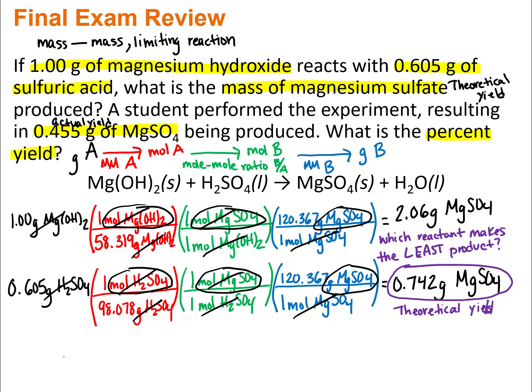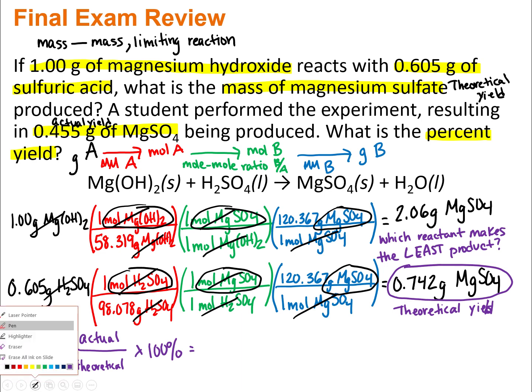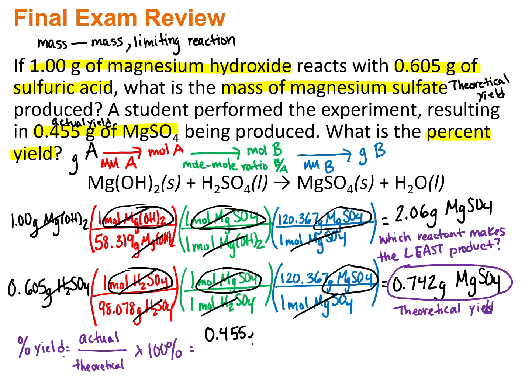We answered one question. Still need to figure out the percent yield. The actual yield you get from the problem, that's 0.455 grams.